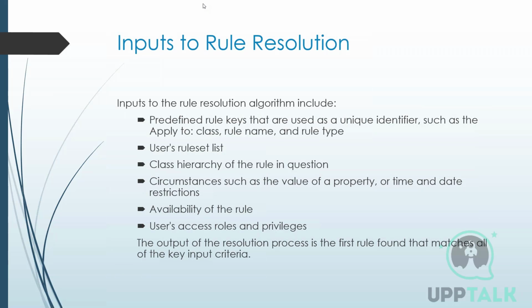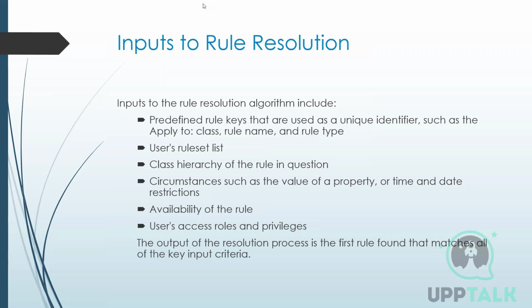And what are those inputs? We have a lot of inputs that go into finding the right rule here. So what are those? The first one is going to be your unique identifier of the class, unique identifier of the rule, which is obviously the name of your rule, then the rule type, the rule name, its version, right?